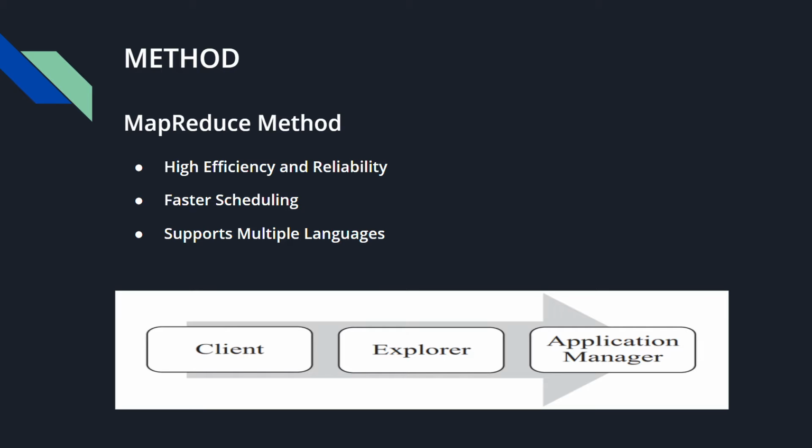The advantage of the MapReduce programming model is that the scheduling process can run multiple tasks in metal exploration together, thus saving huge computing resources. And it also supports multiple languages. This model supports a wide variety of languages like C, C++, Java, etc. Let's move on.